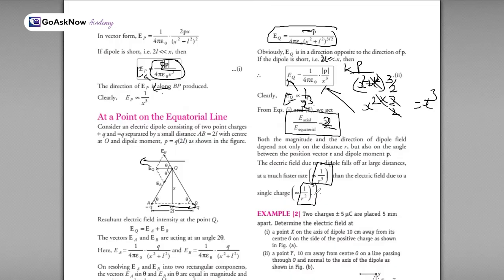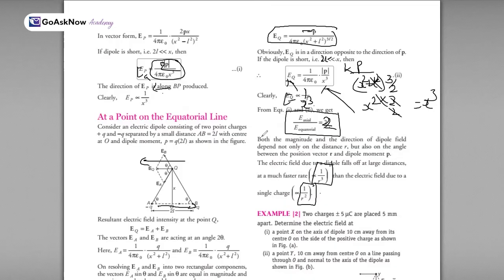So till now we have covered many parts today, like the properties of electric field lines and some examples of electric field. After that we covered conductors and the pattern of electric field due to a conductor.